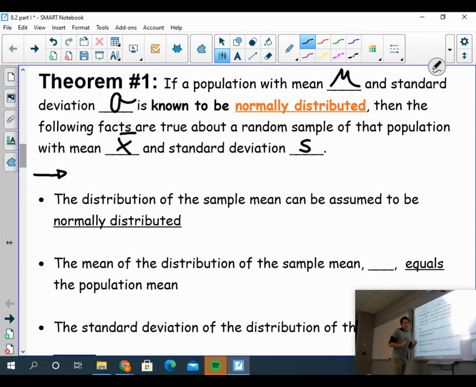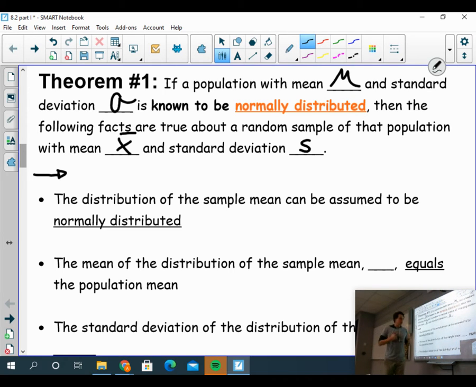So in 8.2, we are going to have two massive theorems. And what these theorems allow us to do is relate the population and the distribution of sample means. Think about the trout example we talked about in 8.1. By the way, if you haven't watched 8.1 yet, you got to pause the video, go back and look at 8.1. 8.2 is not going to make sense if you haven't had 8.1 yet.